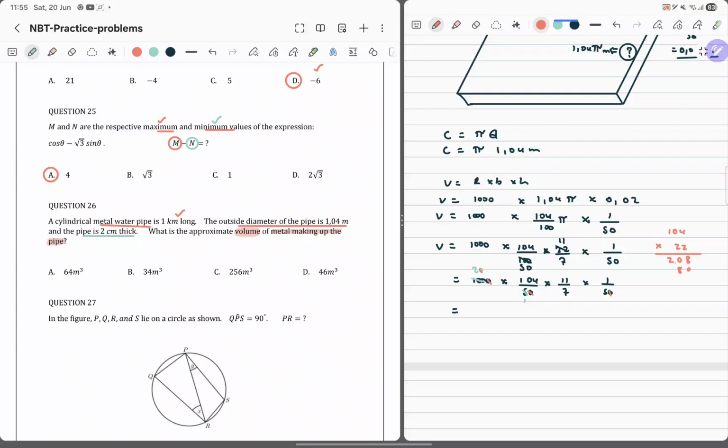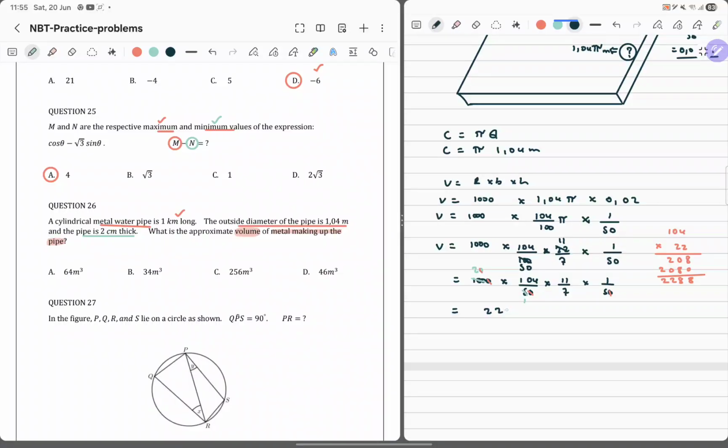Then 2 times 4, 8. 2 times 0, 0. 2 times 1, 2. So this is 8, 8, 2, 2. So 2,288. All right, let's write it out.